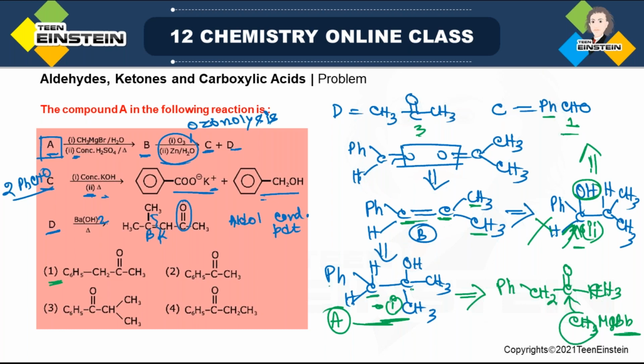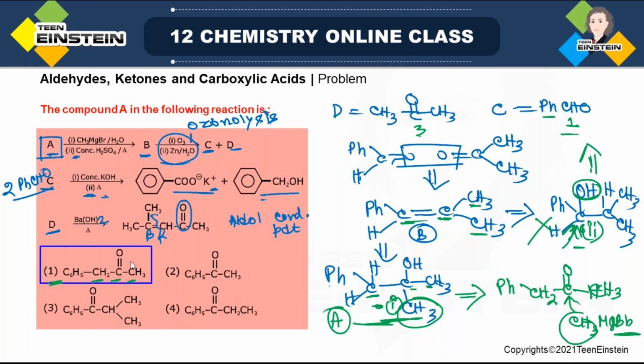Here how many do we have? 1, 2, 3, 4. So one of the CH3 is basically coming from CH3MgBr. So in structure A there should be only 3 carbons, because you get 4 carbons only when there is attack by CH3 coming from CH3MgBr, right? So the correct option will be option 1.